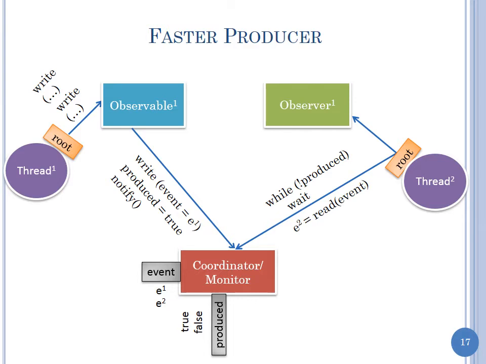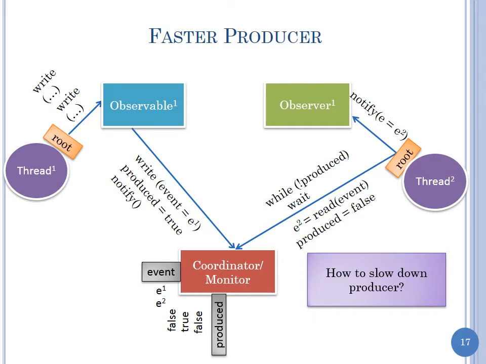That's a problem. I haven't told you the solution here, and so the consumer is slowed down, but the producer is not, and we missed one notification. We missed E1. We just got E2. If we don't slow down the producer, that's the reason for slowing down the producer. So how to slow down?